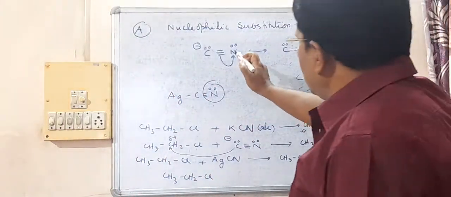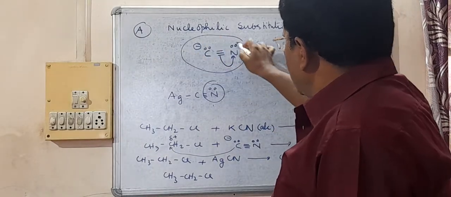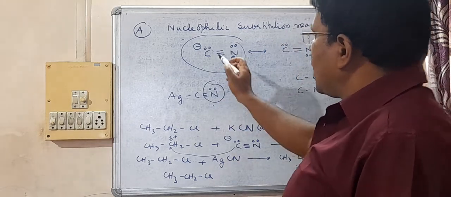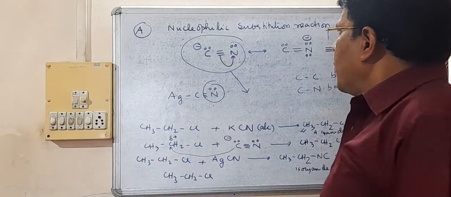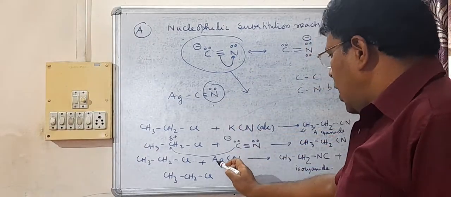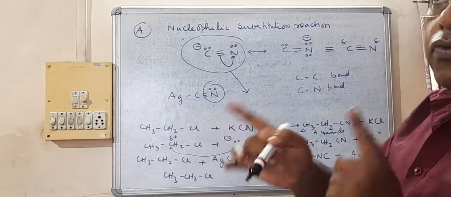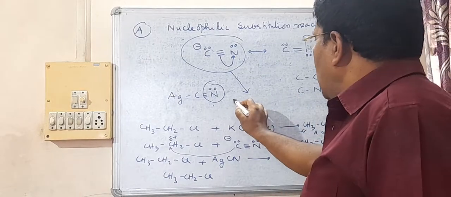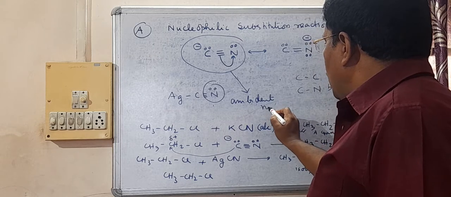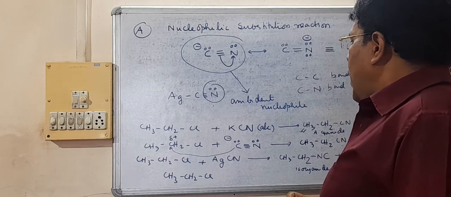So such a nucleophile, for example this one, can attack through carbon in case of KCN, or it can attack through nitrogen as is seen in case of AgCN. Such a nucleophile which can attack from both sides is called an ambident nucleophile.